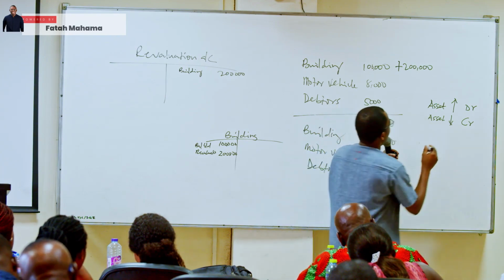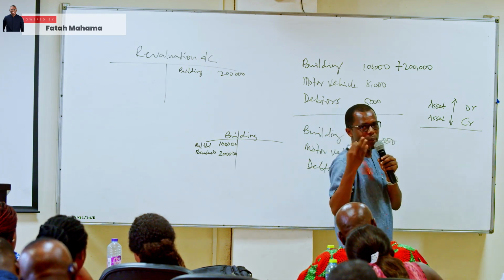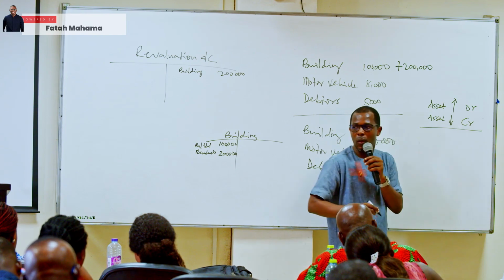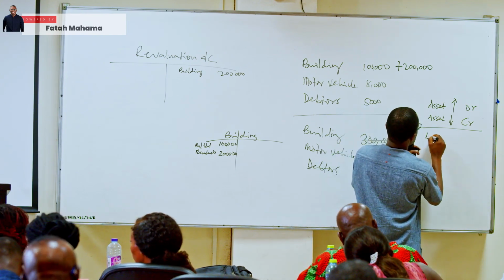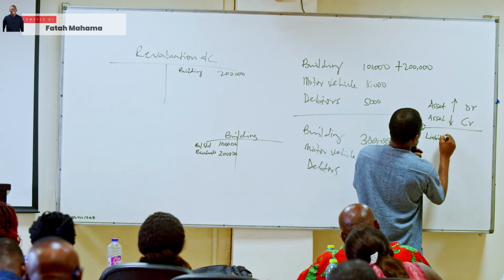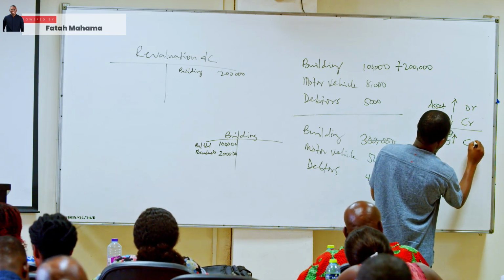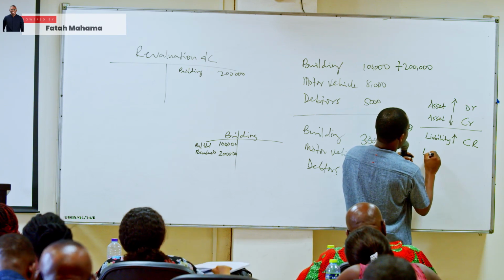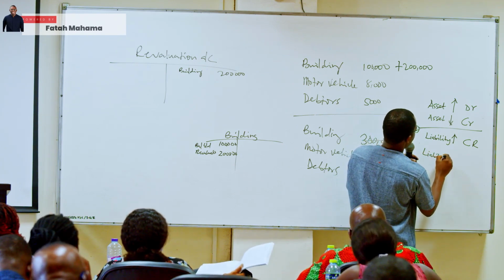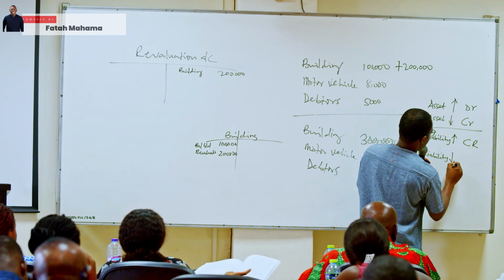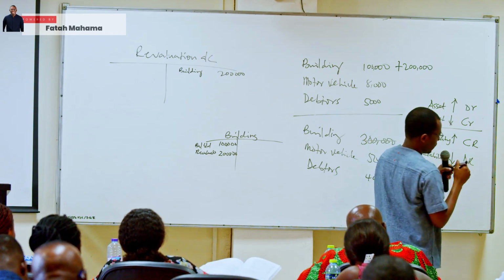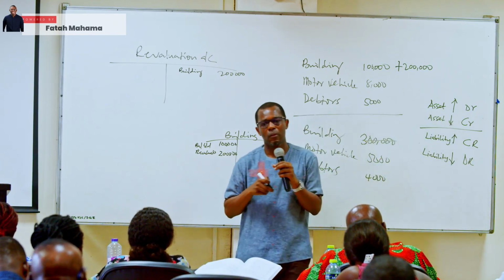The opposite is true for liabilities. For a liability that increases, you have to credit it, and for a liability that decreases, you have to debit it. Are we okay?